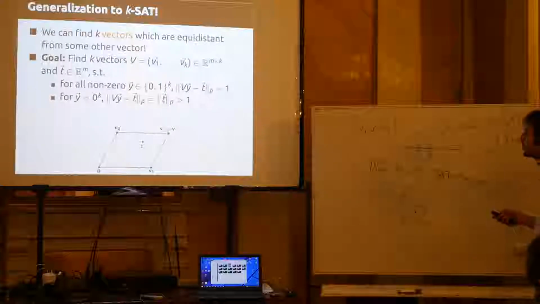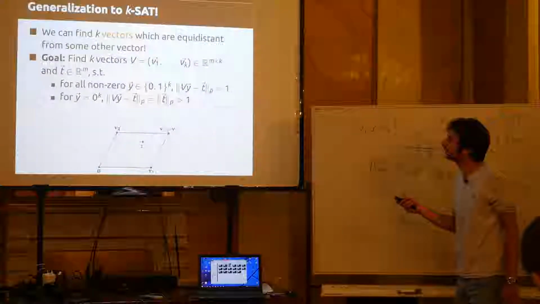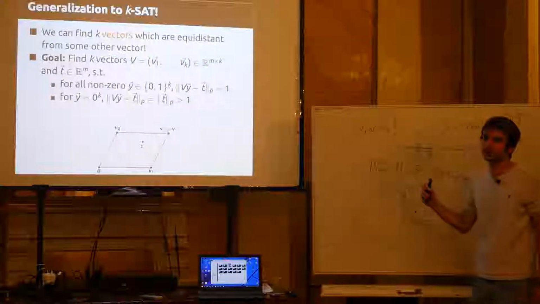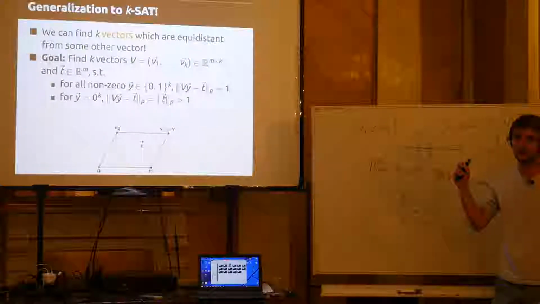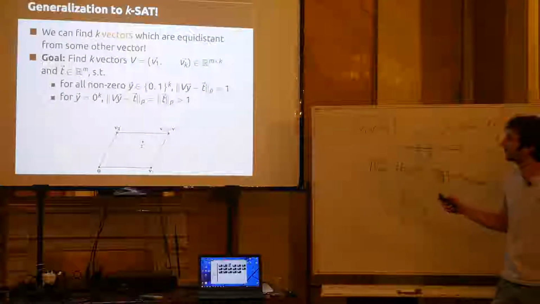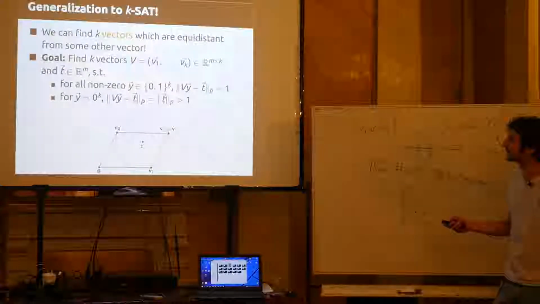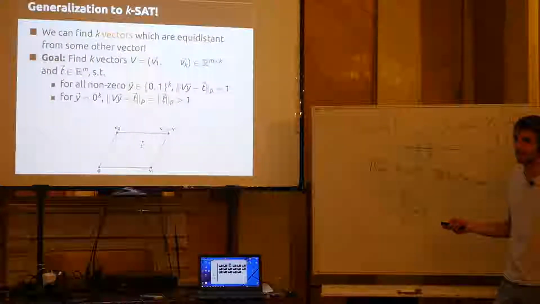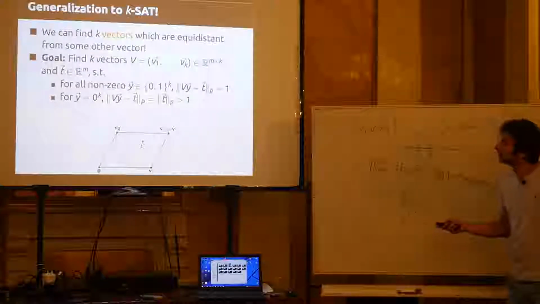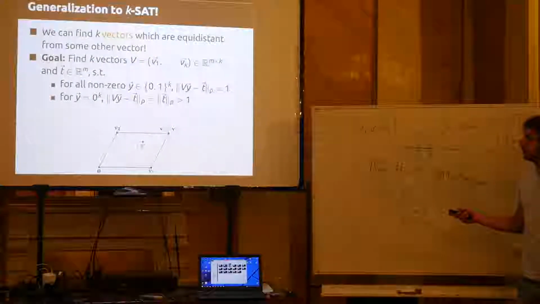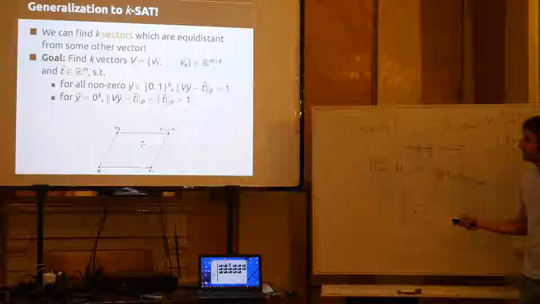Okay, and that's what it looks like pictorially. Say k is 2, and say we're talking about the Euclidean norm, L2 norm. Then I give you this V1, I give you this V2, and this is my target point C. Note that every non-zero combination of them is at the same distance from the target point.